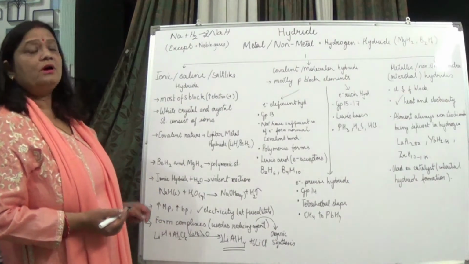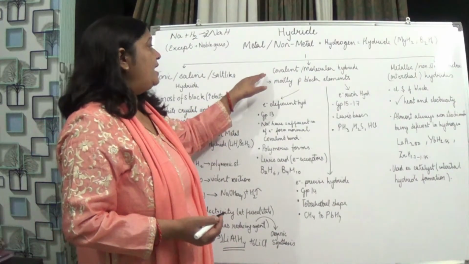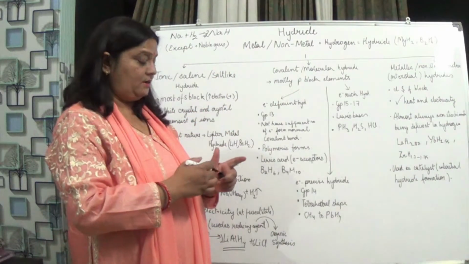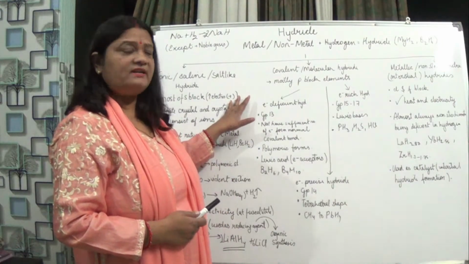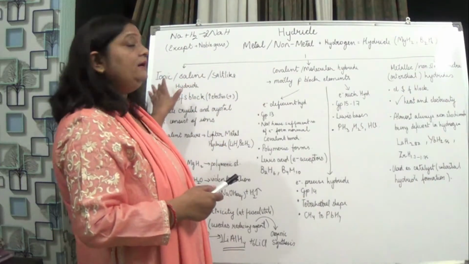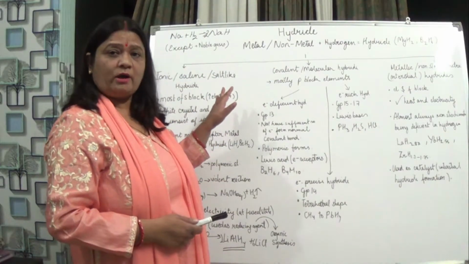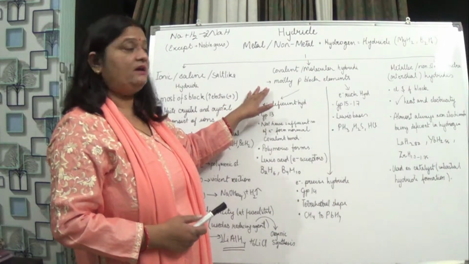Okay, now coming to the covalent or the molecular hydride. As soon as this word covalent comes, it means what? Here we will be seeing the covalent character, isn't it? And as in ionic hydrides we have seen the s-block elements participating, here in covalent or molecular hydride, we see what?